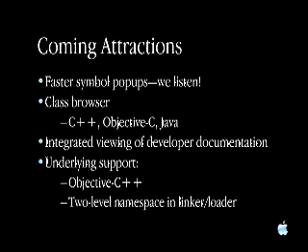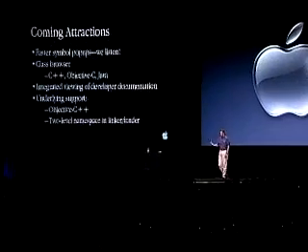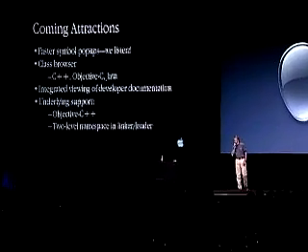Well, we now have, for our next version, a symbol pop-up that's based on a simple scanner with configuration property lists that's much faster and handles any file that you bring into the project. So we are listening to that type of feedback.